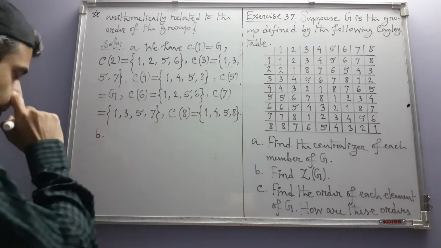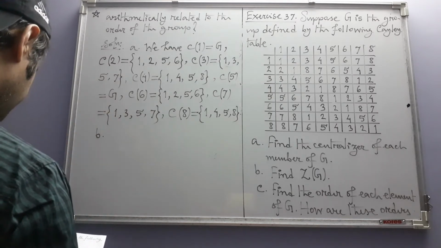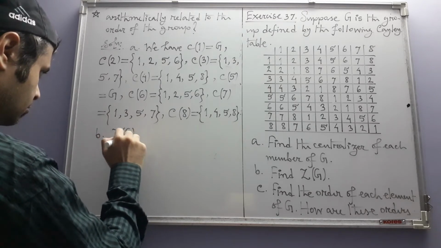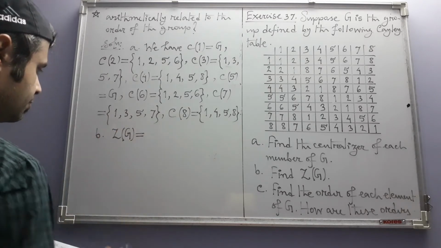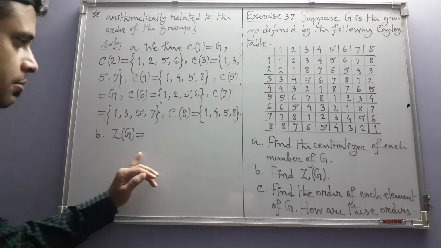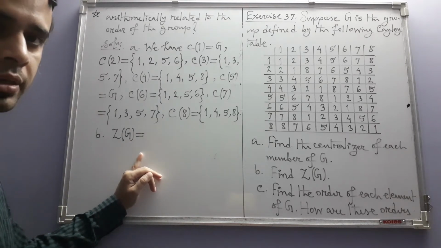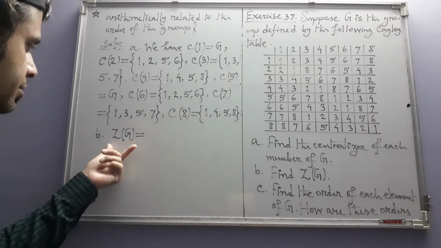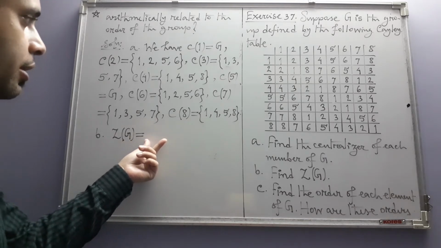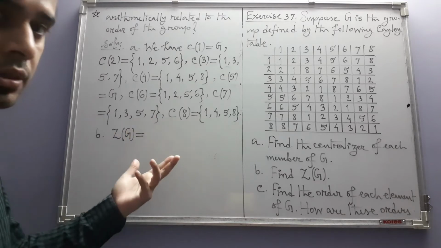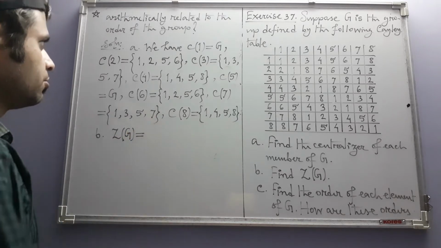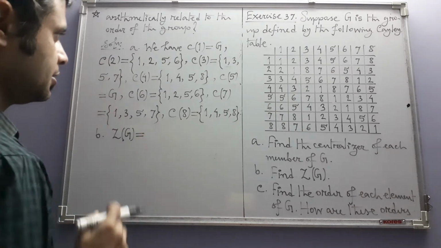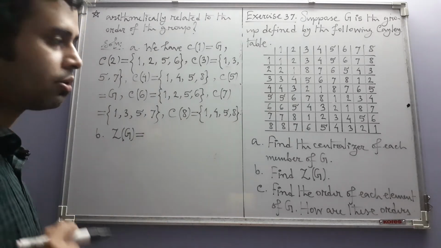B. Center of G, according to the last exercise in the previous video, that is exercise 33, this is obtained by taking the intersection of all the centralizers. So you look at all the centralizers we have calculated and see which elements are common to all of them.